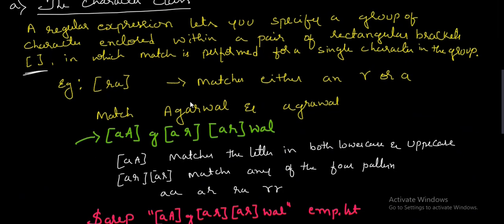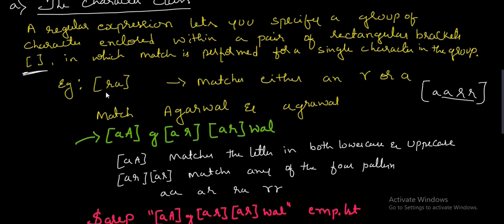Whatever pattern you specify within these brackets is going to match any one character. Even if you have written 10 characters, it will match any one of these characters. It is not going to match all of them, so you have to write accordingly.